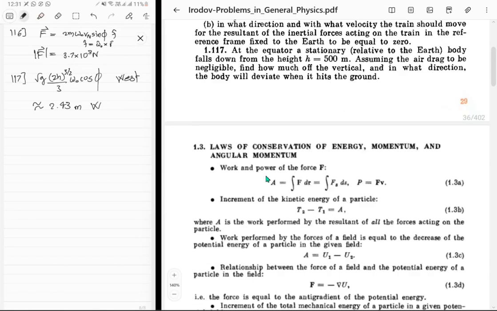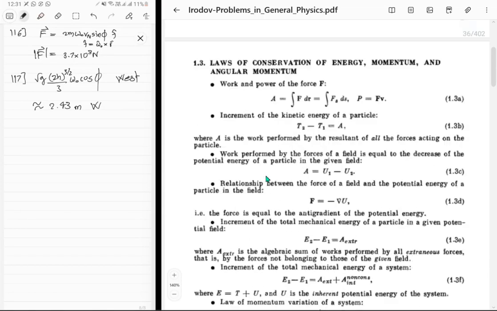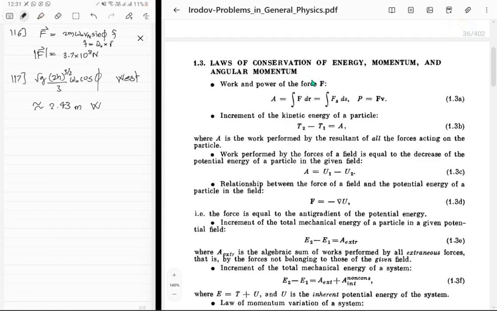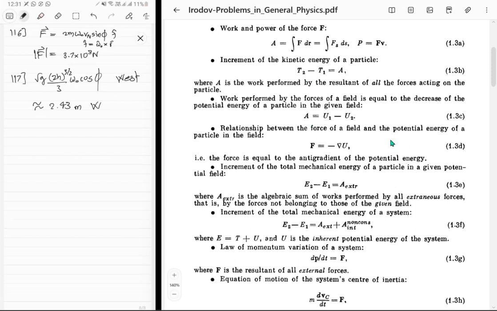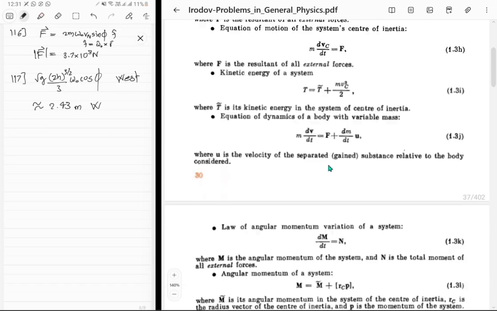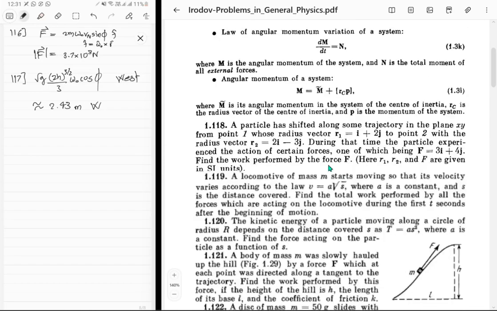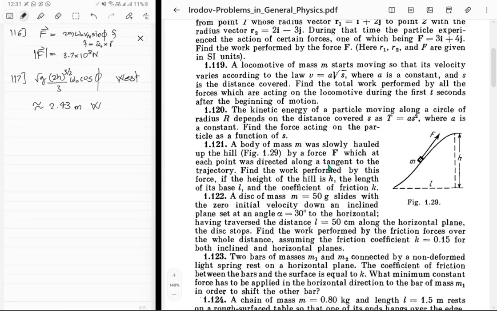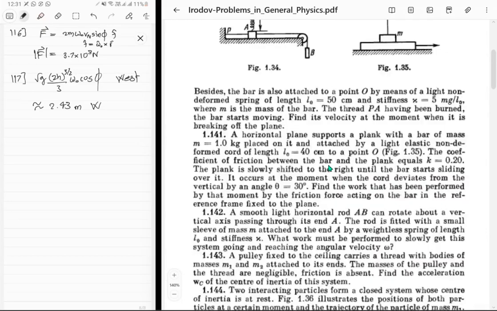Anyway, the next section is going to be laws of conservation of energy, momentum, and angular momentum. It's just got gradient and everything. I'll explain what that is in the next video. It's going to be long. So how many do we have for this?